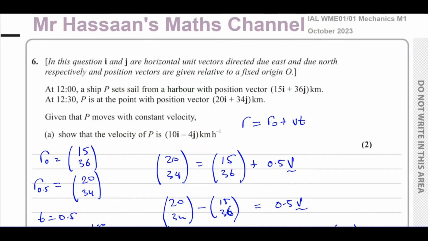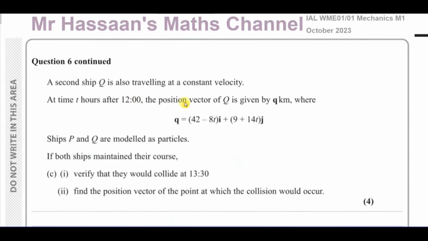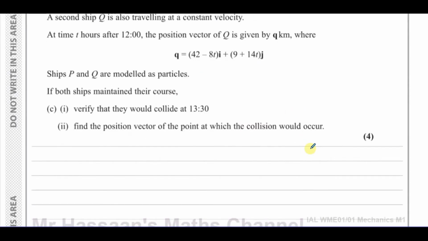Now for part C. It says the second ship is also traveling at constant velocity. At time t hours after 12, the position vector of Q is given by this vector Q. Now I'm going to rewrite Q over here as (42 minus 8t)i plus (9 plus 14t)j.